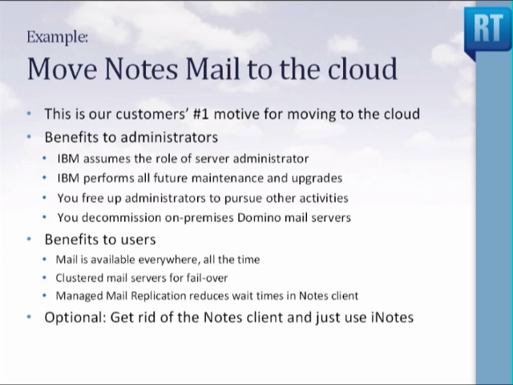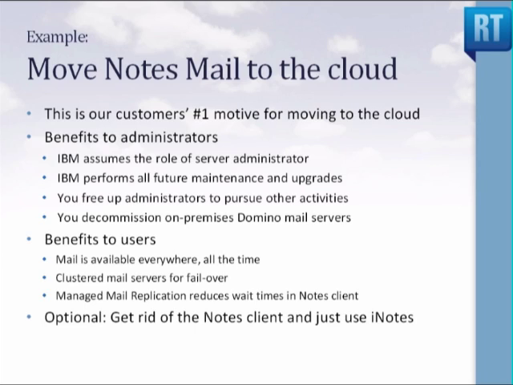And you've got all of those Domino mail servers on premises. You can now decommission them. Your users now have mail available to them everywhere and all the time. A lot of our customers would require their mail users to VPN into the corporate network in order to gain access to the servers.